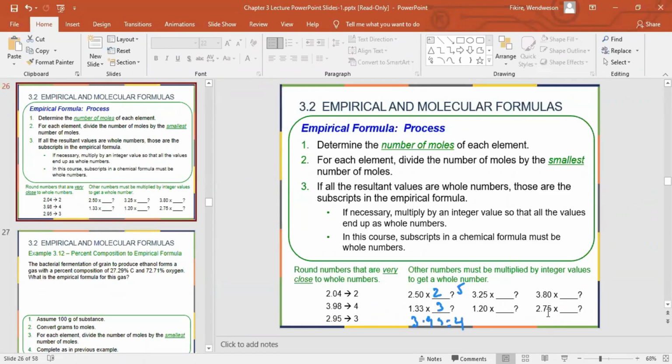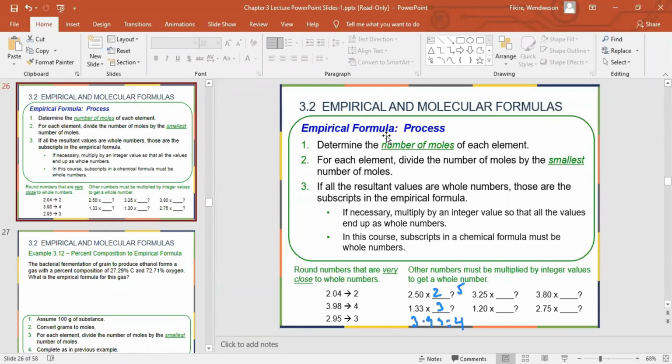But can I also use 2, Professor? What do you get when you multiply by 2? It's going to give me 2.66. You cannot do that. 2.66 is not a good number. You cannot round it to write the empirical formula. I have my cell phone right now. I multiply 1.33 by 2.